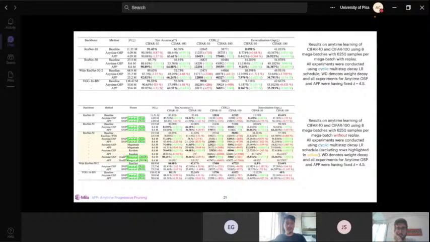But in this first table, we try using cyclic multi-step decay of the learning rate, where we do the same decay that I told you about in the previous table, but then when it goes to the next megabatch, it resets back to the original state and does the same decay again. So it's just like a cyclic step function of sorts.